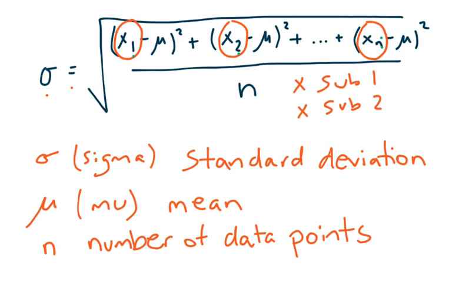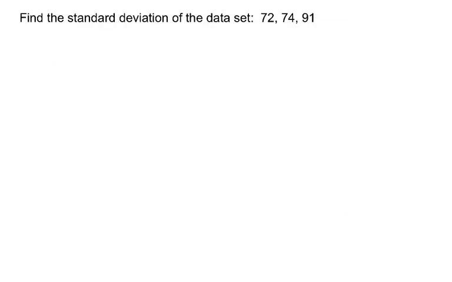We're going to plug some numbers in here, and I think if you're not comfortable with this yet, you will be after you see us plug some numbers in. So we're given the instruction, find the standard deviation of the data set 72, 74, 91. We know right away then that 72 is our x sub 1, 74 is our x sub 2, and 91 is our x sub 3. So when we go to plug in, those are going to get plugged into the formula in those places.